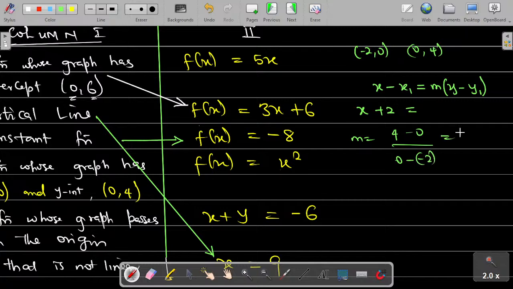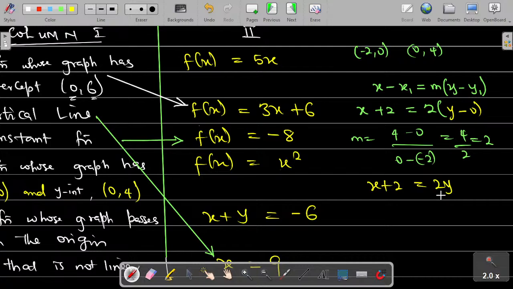This gives you 4 all over 2, so our slope is 2. We put slope here as 2, and that is equal to y minus our y1. Our y1 is 0 here, so that's giving us x plus 2 equal to 2y.